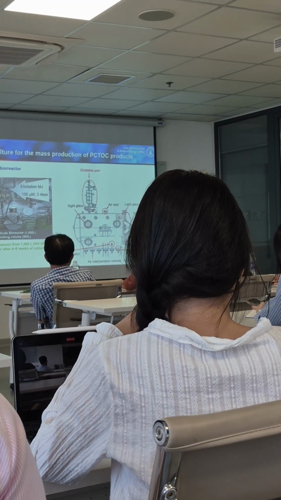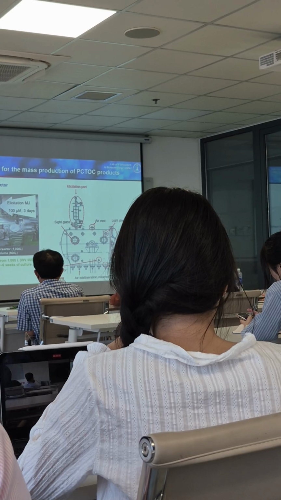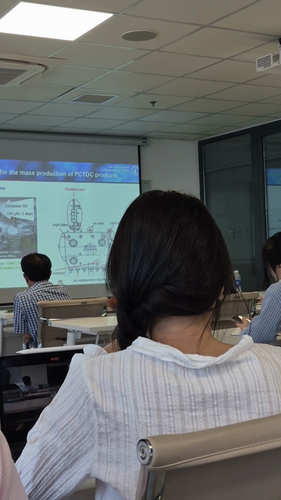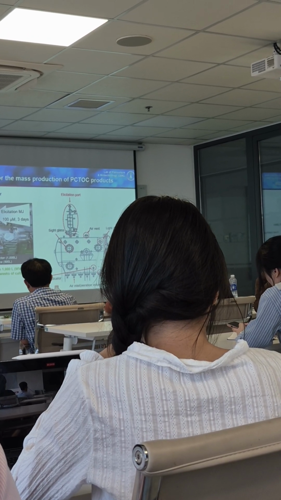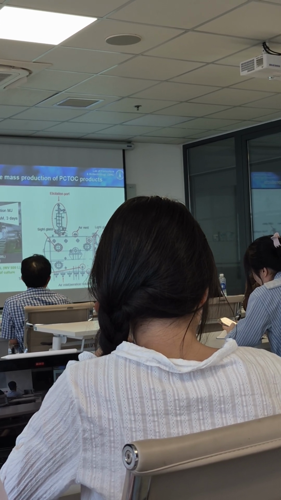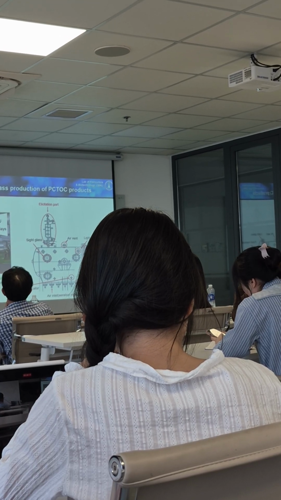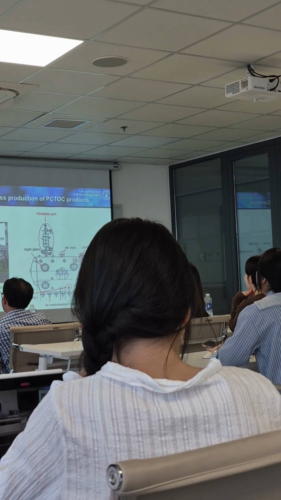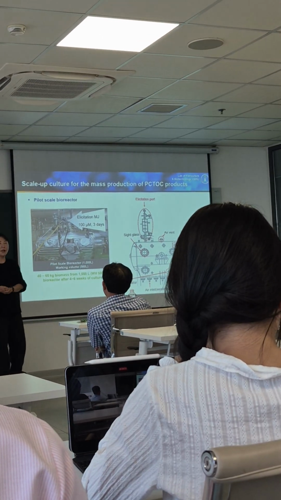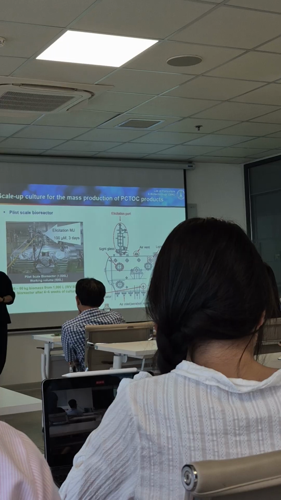We commercialize through this large scale route, but there are actually lots of problems. I think the young students are here, so you guys can solve those problems. One of the bottlenecks, I would say bottleneck instead of problem, is that methyl jasmonate is really expensive.